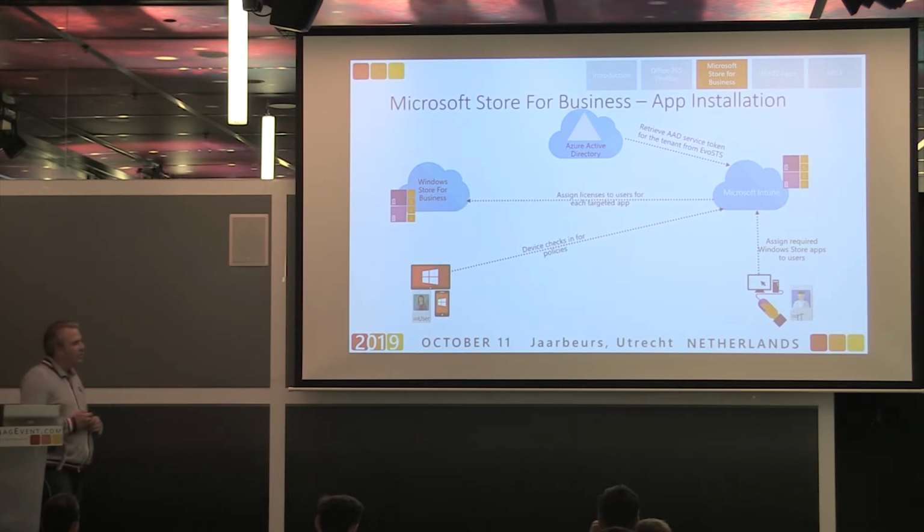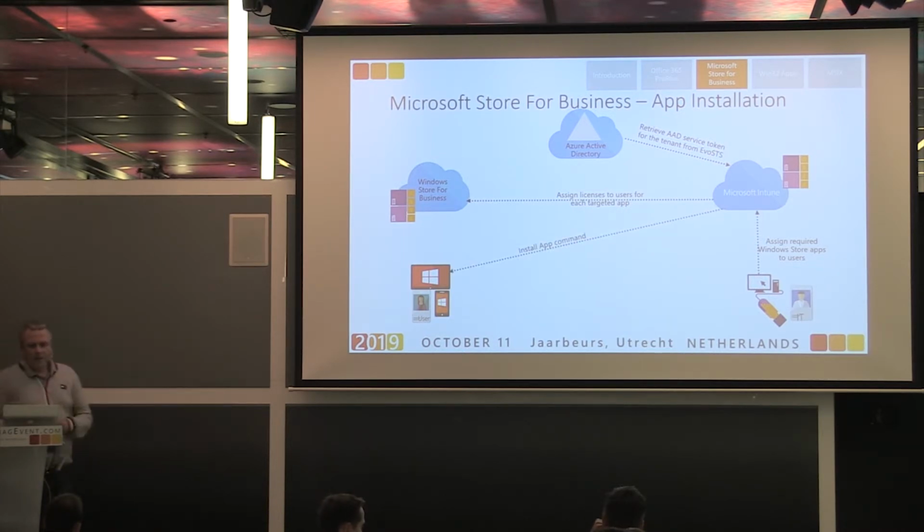If the app is targeted, licenses will also be assigned in the Windows Store for Business, because you may only have 10 licenses for a certain app. So if the 11th user wants to acquire or install the app, it will be blocked because you need to buy more licenses. So that is a tight integration.